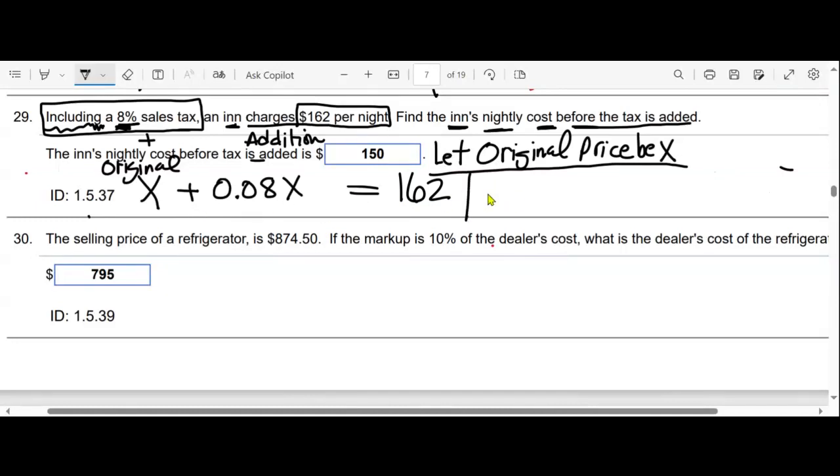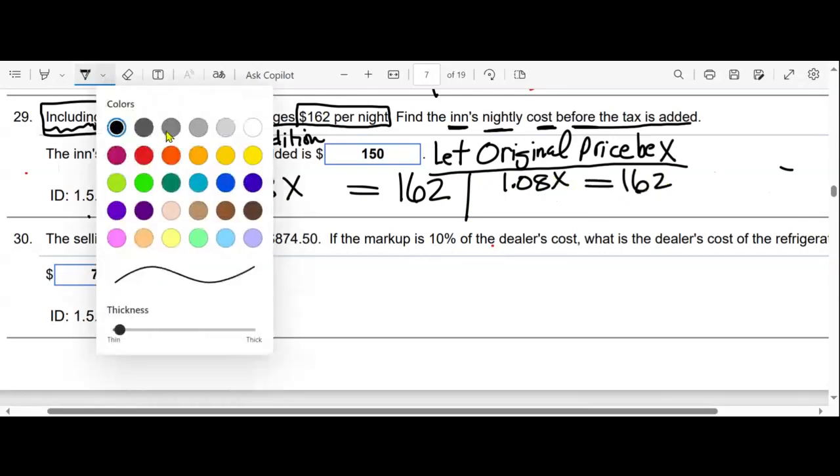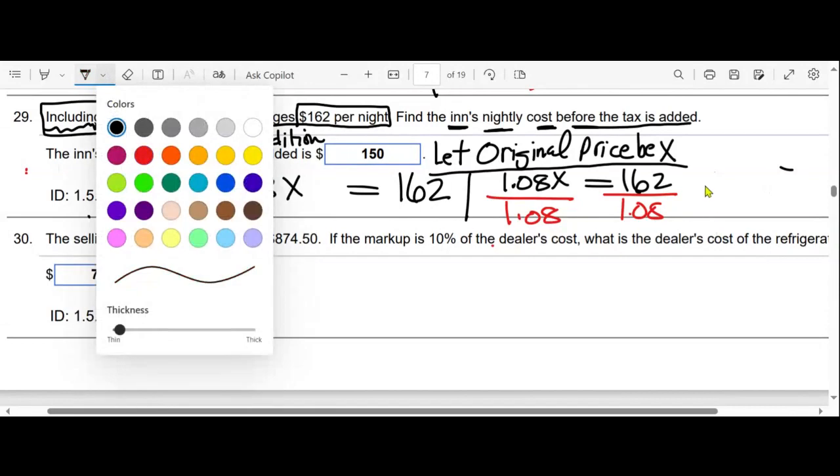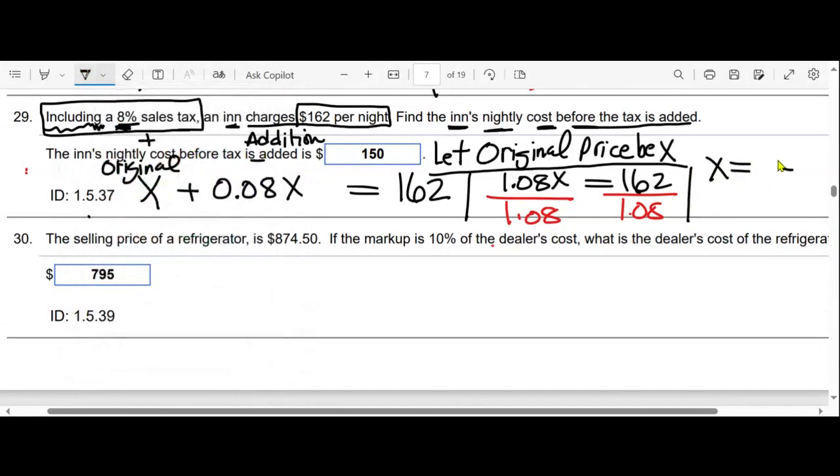So if you add this together, you get 1.08x equals 162. Then what do we do next? Divide by 1.08 on both sides. And what do you get for the answer? X equals 150. So that's what you pay per night, plus the sales tax.